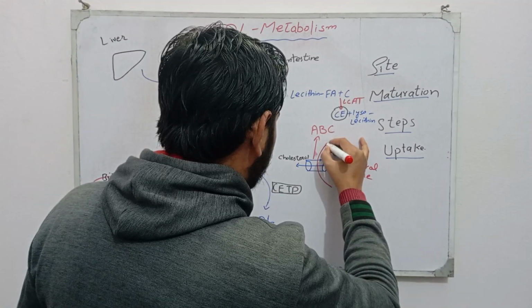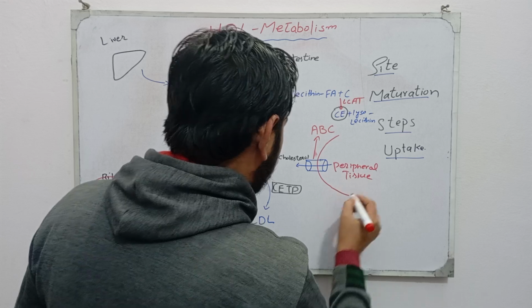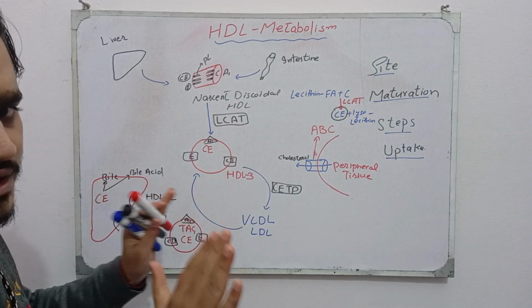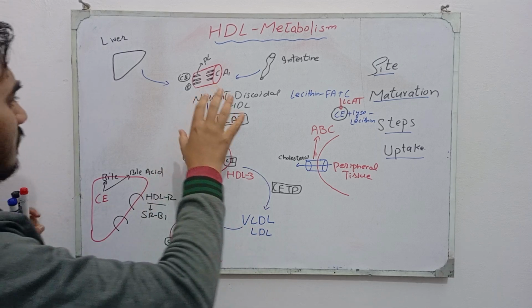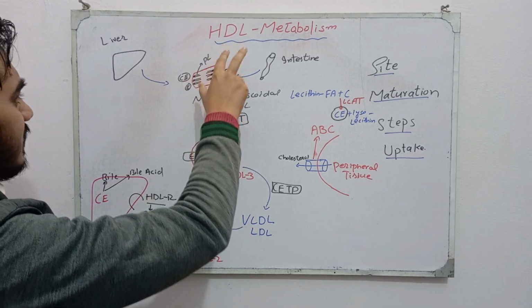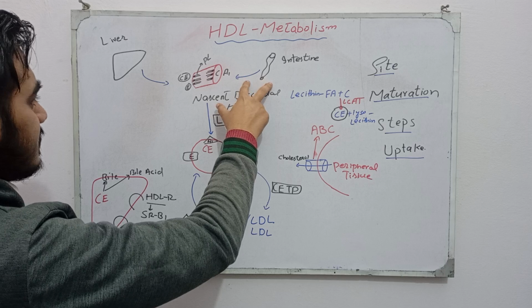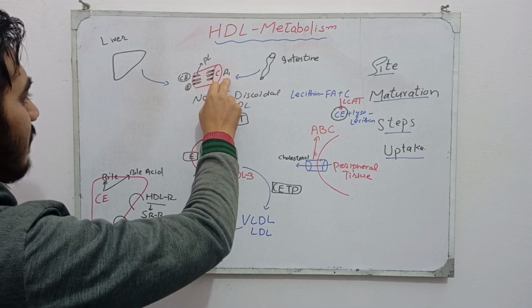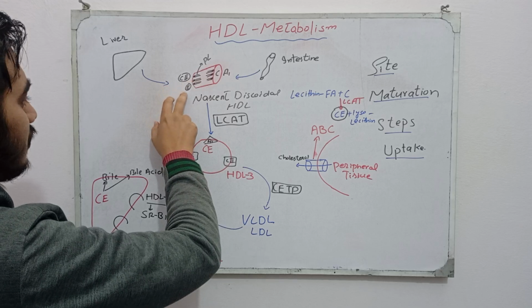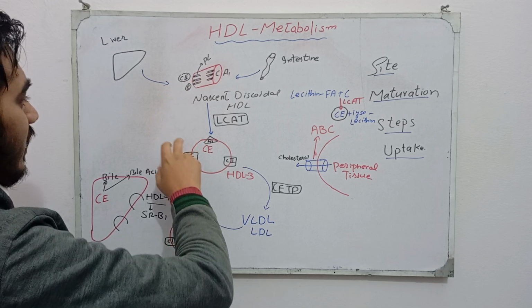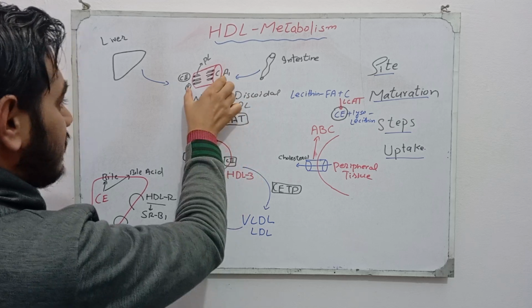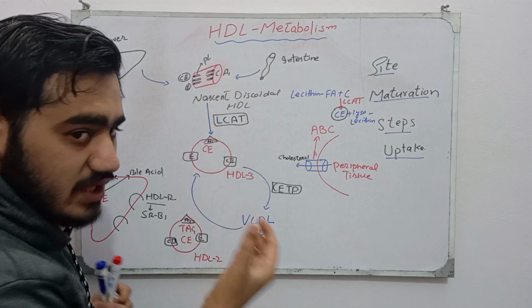Okay, students, I'm repeating again. This was all about the HDL metabolism. Basically, HDL gets synthesized in liver and intestine. There is a phospholipid, free cholesterol, ApoA1 protein, ApoC2 protein, and ApoE protein, and this is called a nascent immature discoidal HDL, with a disc-like shape.